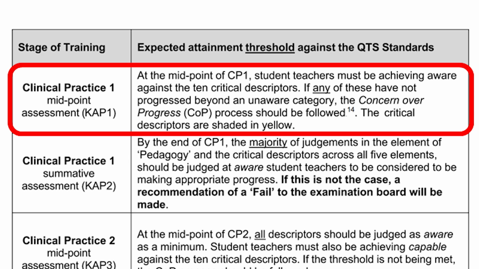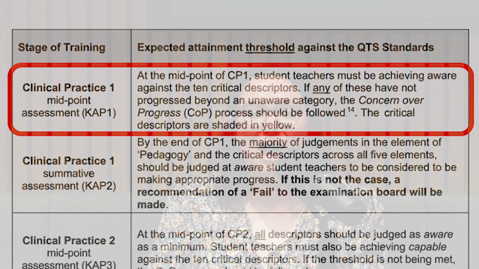So the professional standards for teaching and leadership, the ones that are highlighted yellow, are the 10 critical descriptors, and those are the ones that the student teachers need to be aware in. Everything else can be unaware. So your student teacher could have the 10 critical descriptors that are aware, and all the rest of them are unaware, and they've met that threshold.